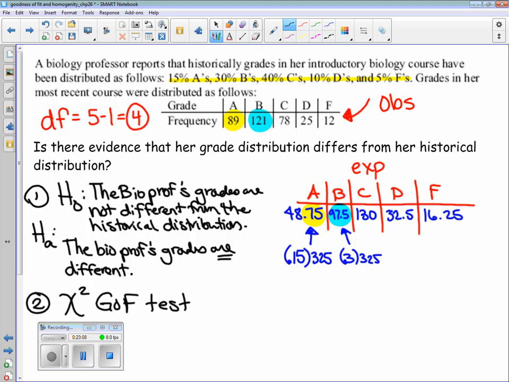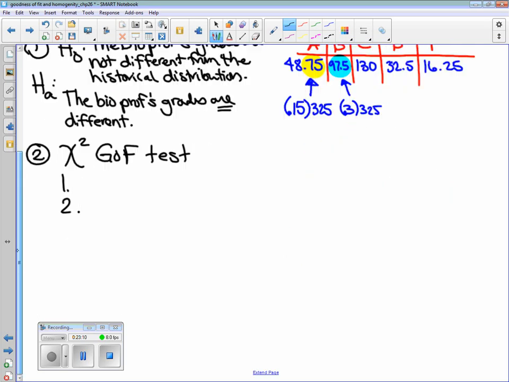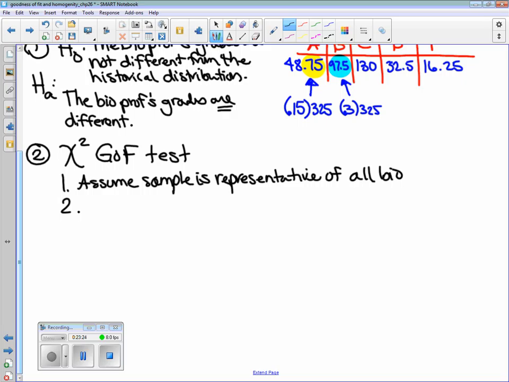Okay? And so that's what we'll have to say. So we're going to assume that the sample is representative of her bio classes. All right? How about condition 2?